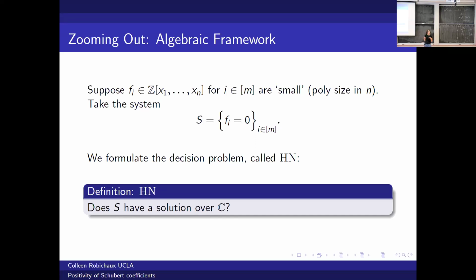I want it to be small: I want the coefficients to not be too big, I don't want too many terms in the polynomials, and I don't want too many polynomials. So I have this system of polynomials S, and you can ask, does this system have a solution over C? This is very easy to state. I'll call this Hn, the question of asking, is this system satisfiable over C? Questions?